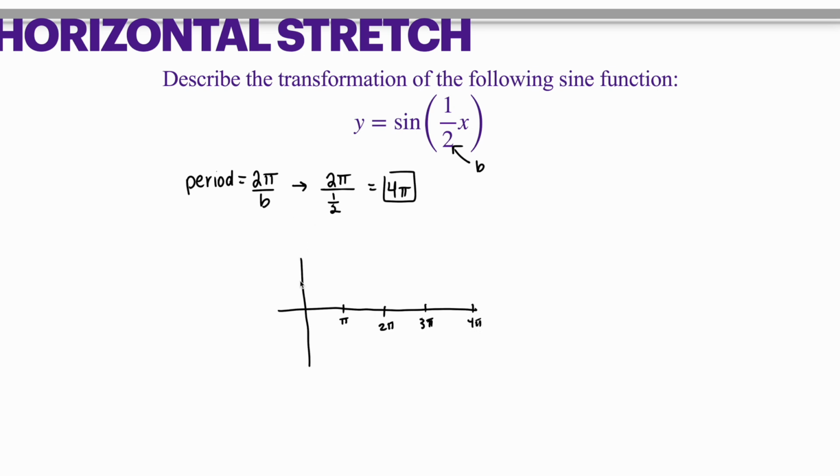Okay, a normal sine goes up, down, and back up every 2 pi. But this gets stretched out to 4 pi, which means it is going to go up, down, and back up every 4 pi, which means the whole thing stretched out twice as far.